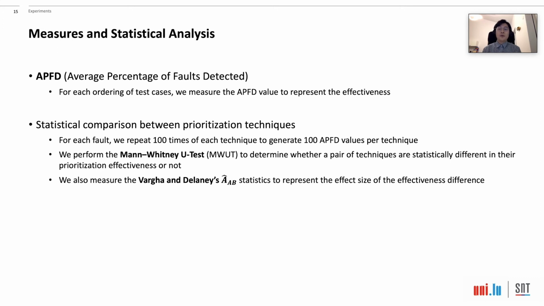And then we performed the Mann-Whitney U-test to determine whether a pair of techniques are statistically different in their prioritization effectiveness or not. We also measured Vargha and Delaney's effect size measure to represent the effect size of the effectiveness difference in terms of the prioritization.